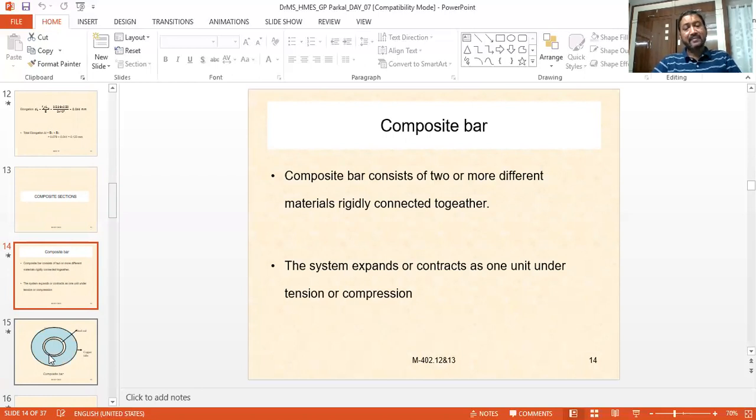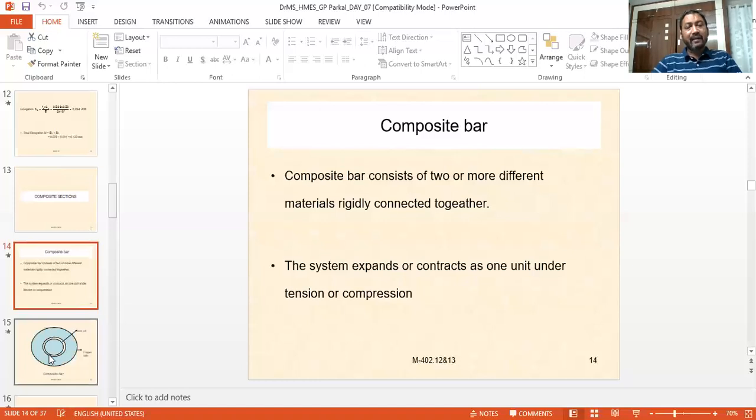Even the name itself, composite, means it is not simple, it is not uniform, it is composed of different materials. It may be two or more materials combined together, rigidly joined together to act like a single bar, and that bar is called the composite bar.